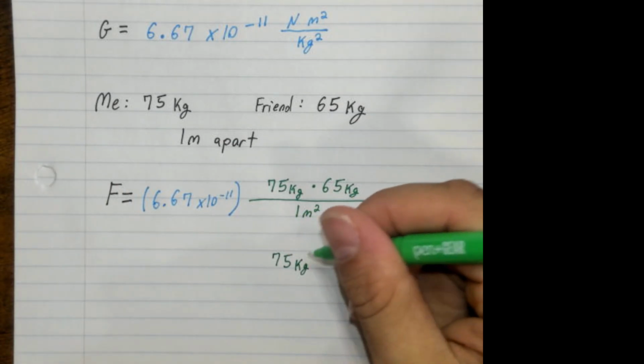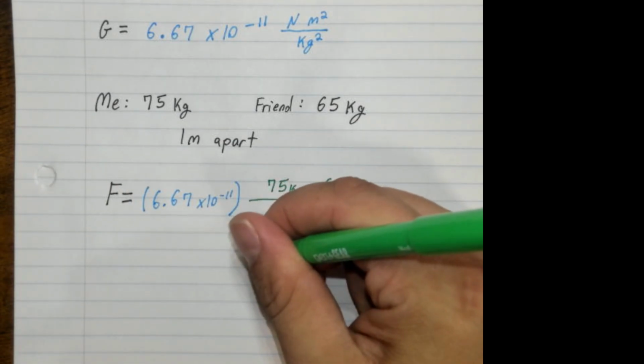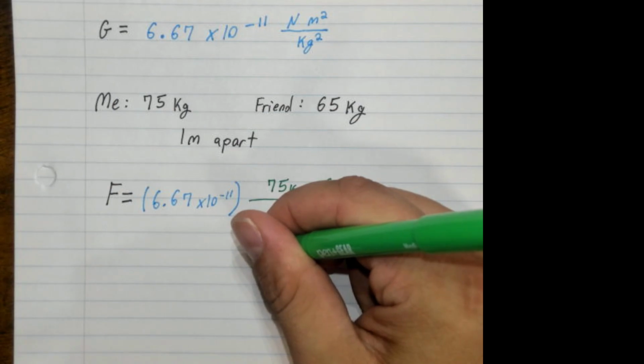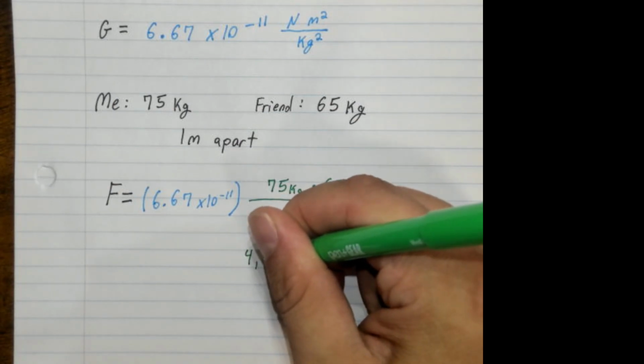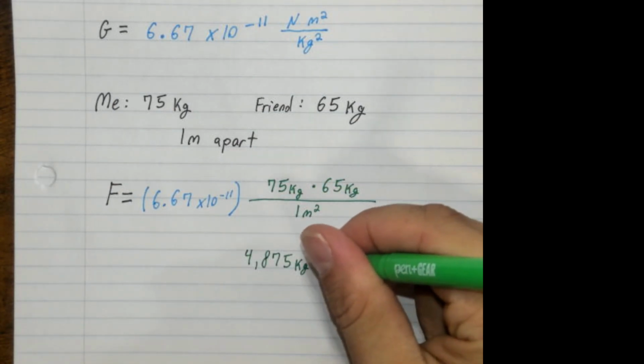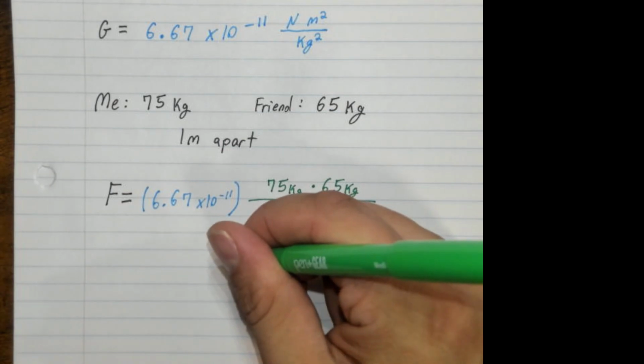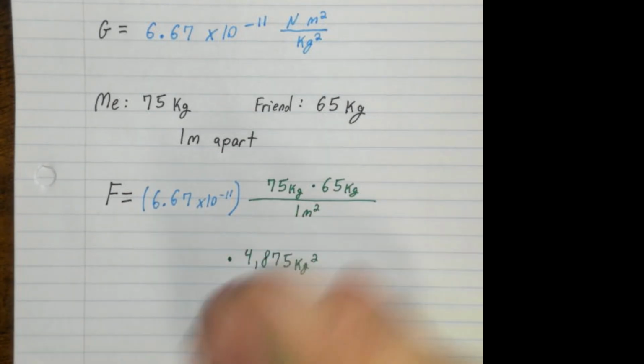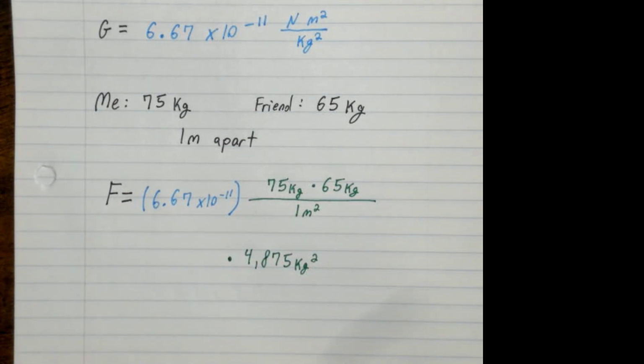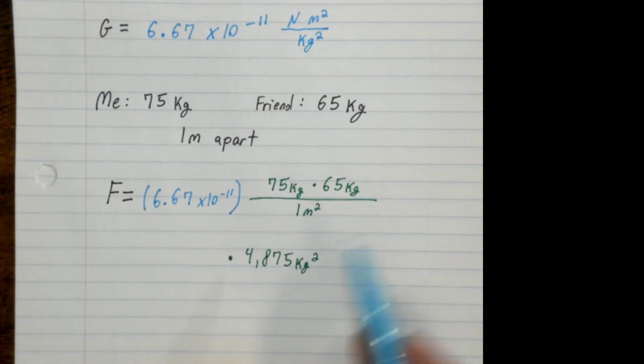Oh, excuse me. 4,875 kilograms squared times my gravitational constant. And I'm going to go ahead and write my units that are left.